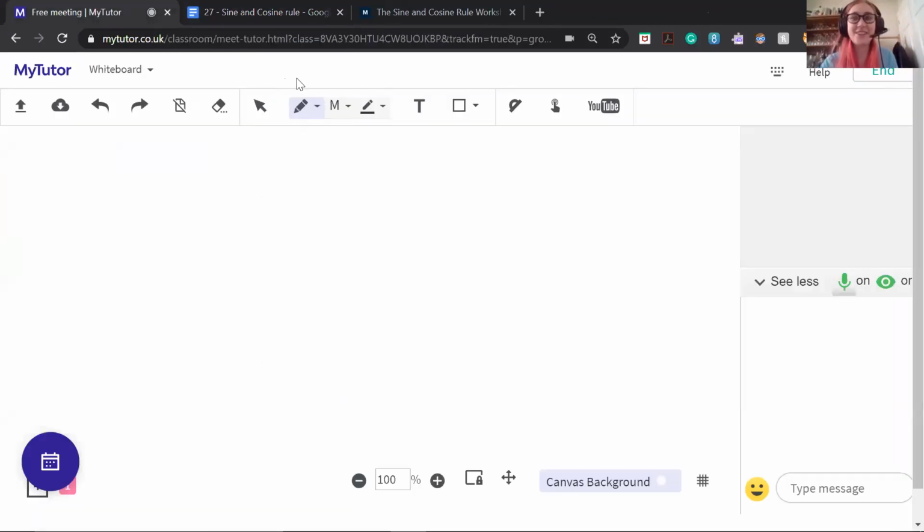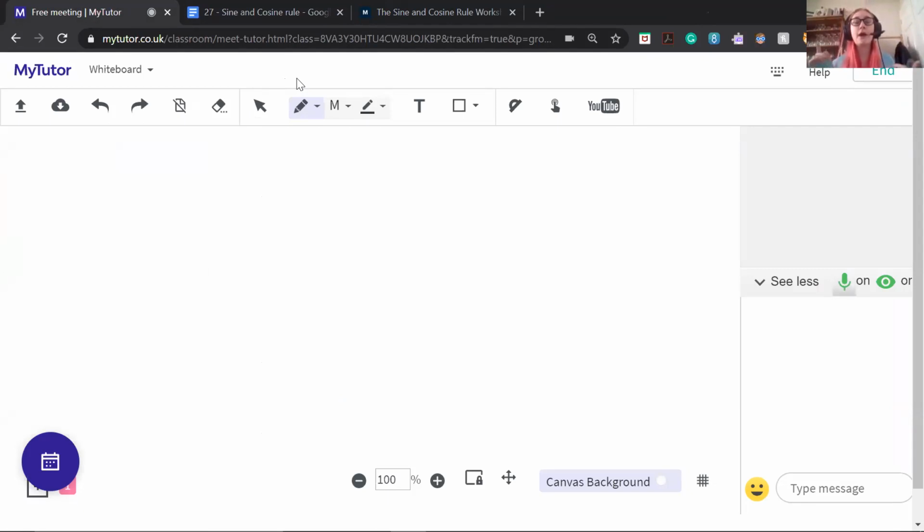Okay, let's jump straight into it. The sine and cosine rule are both formulas that we use in trigonometry for working out either sides or angles of a triangle. Now this applies to any triangle, so not just right-angled.